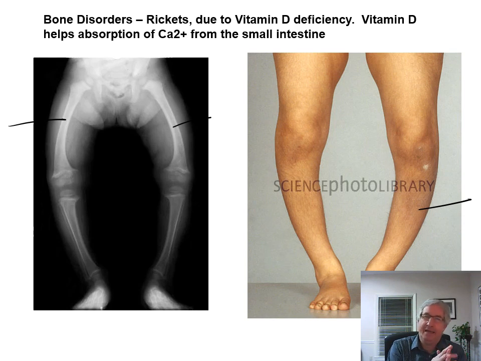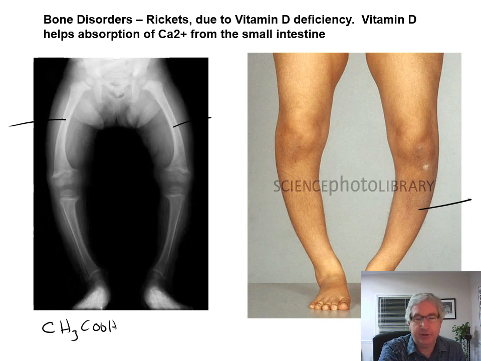If you soak a bone in acid, then in acetic acid, and acetic acid is CH3COOH, which actually looks like C with three H's, and then C double bond O and OH.